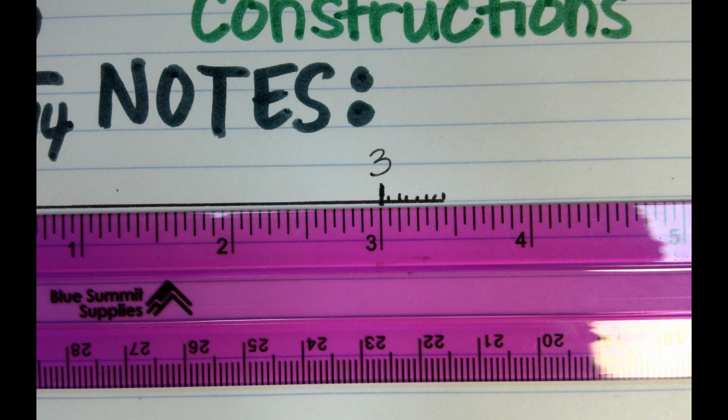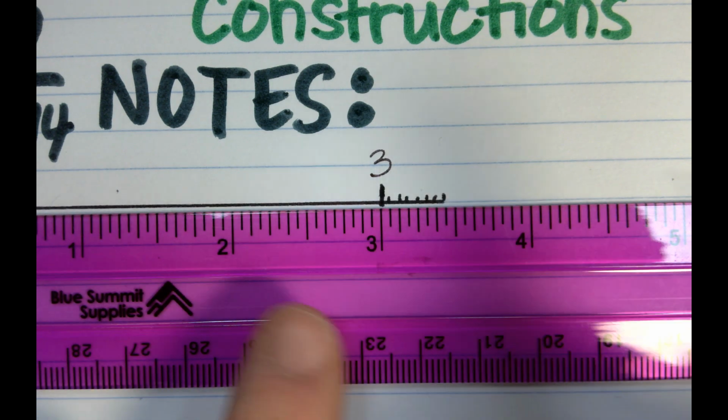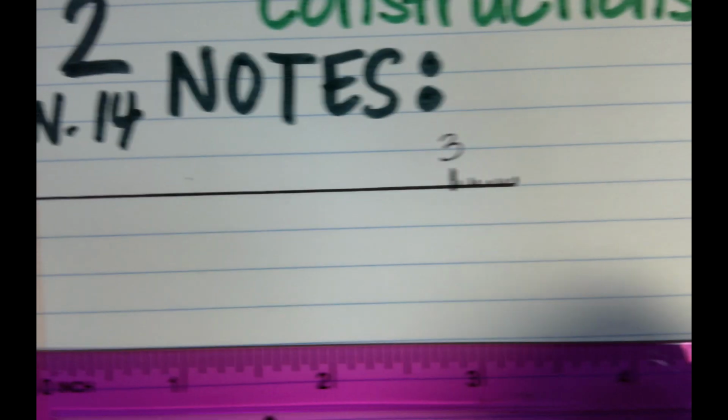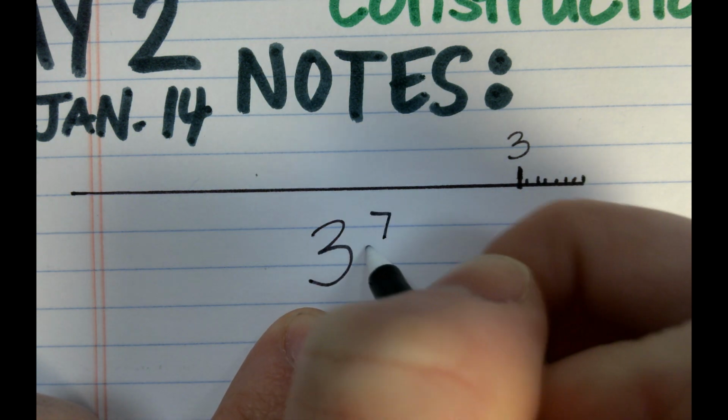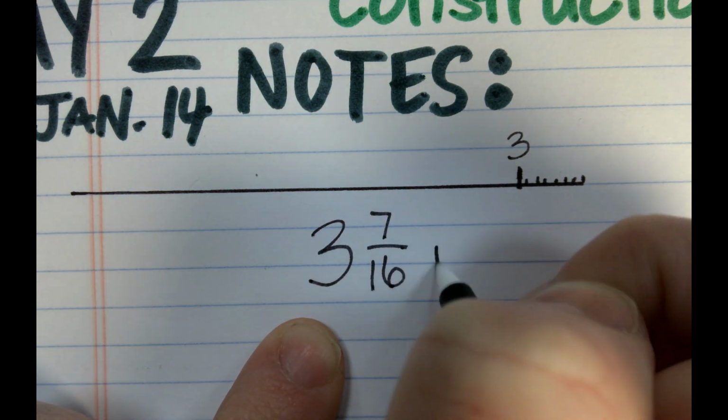I'm going to start from 0 and I'm going to count 7 tick marks and see what fraction I land on. You guys tell me, what fraction did that give you? 7/16. So the measurement of the line I drew would be 3 and 7/16 inches.